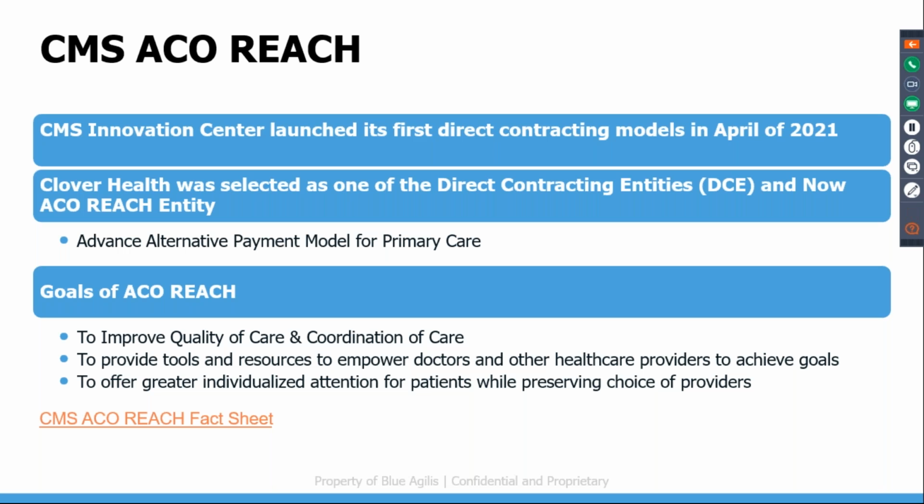And the goals of the ACO REACH are to improve the quality of care, coordination of care, to also provide tools and resources to empower doctors and other healthcare providers to achieve these goals, and to offer greater individualized attention for patients while preserving the choice of providers. I have included a link at the bottom of this slide for a fact sheet CMS provided on ACO REACH if you would like to read more about this program.